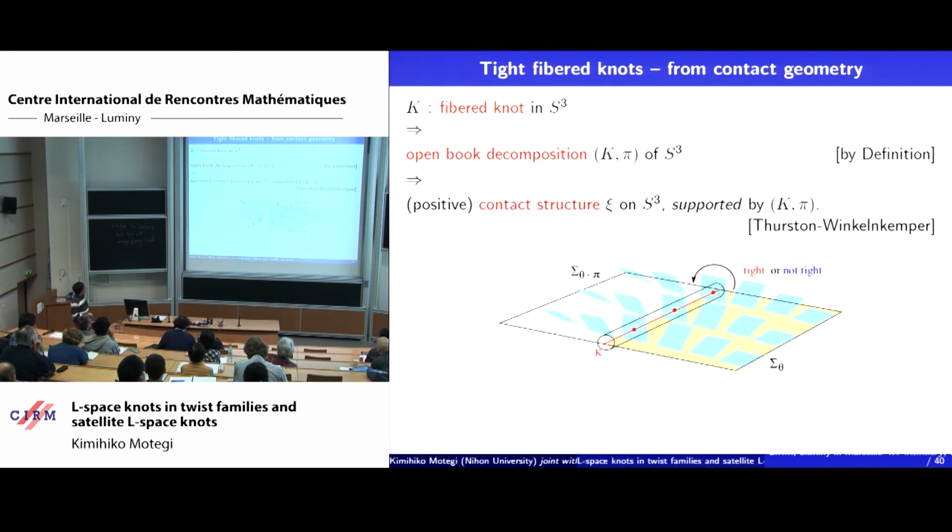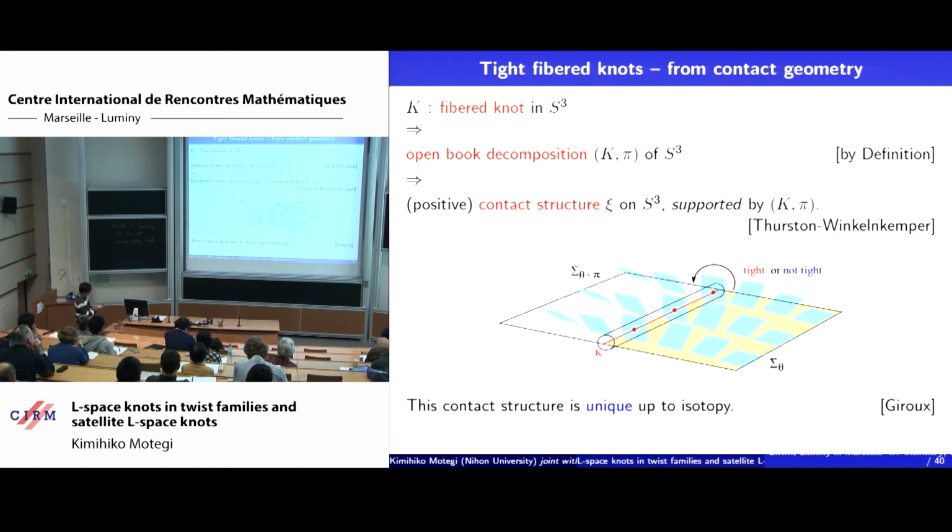And furthermore, Thurston and Winkelnkemper proved that this open book decomposition gives a positive contact structure psi on the 3-sphere S3. And furthermore, this contact structure is unique up to isotopy by Giroux's theorem.